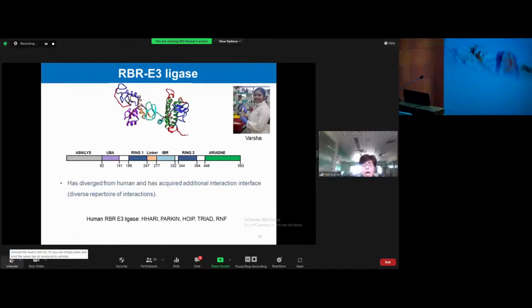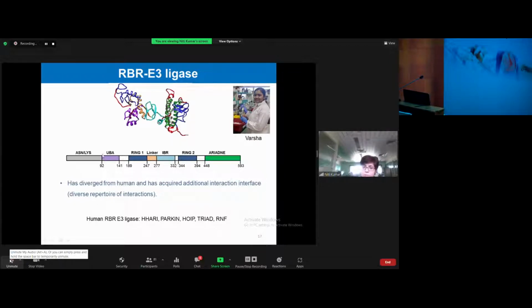as well as to investigate their role in parasite cell cycle progression. Varsha is the PhD student who is working on this project, and we are working on RING-between-RING E3 ligase. The parasite has only one RING-between-RING E3 ligase, and humans have 14, with characteristic examples being HHARI, Parkin, and HOIP. The parasite RBR E3 ligase has an ortholog similar to HHARI, but it has completely diverged.